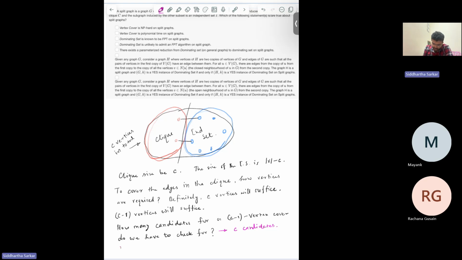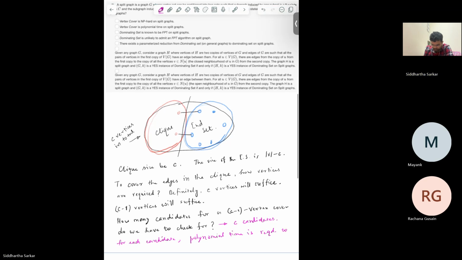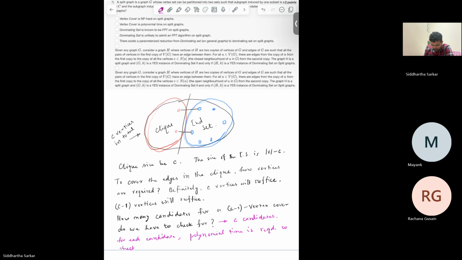So for each candidate, polynomial time is required to check if it is a valid vertex cover.